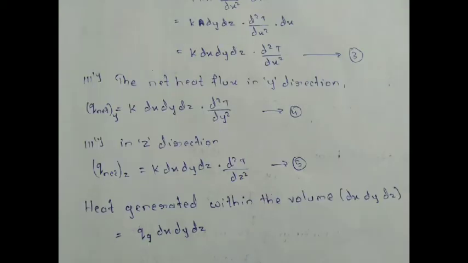Similarly, the net heat flux in the y direction is K into dx into dy into dz into d square T divided by dy square. The only change is that instead of dx square we replace it by dy square, and similarly in the z direction we replace it by dz square. The heat generated within the volume dx, dy and dz is Qg into dx into dy into dz.